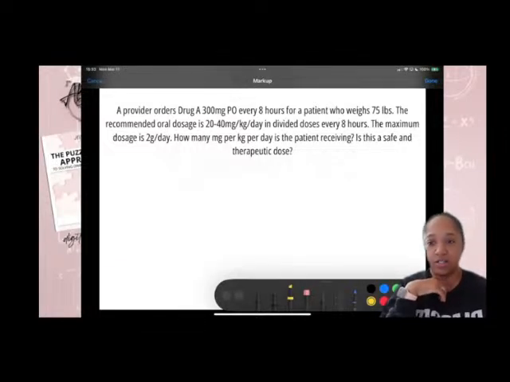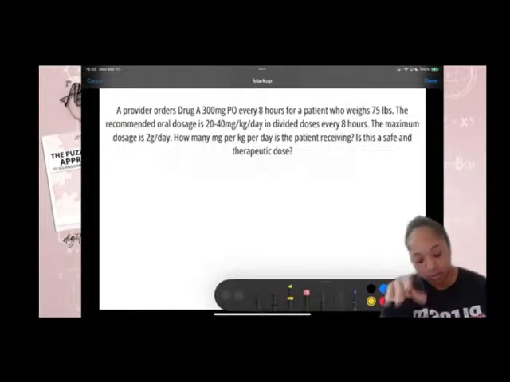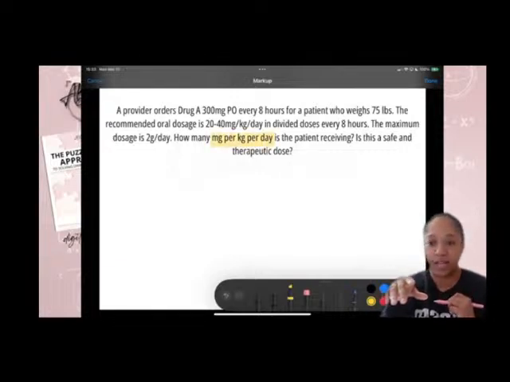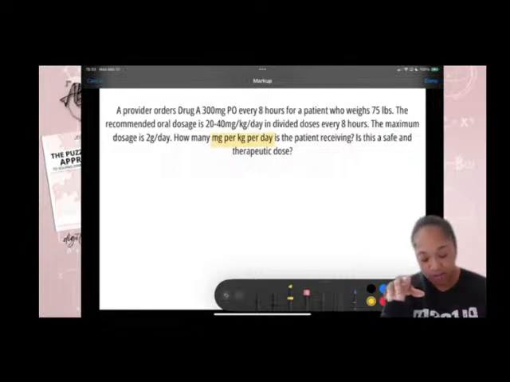Okay, so this one is a little different from your normal safe dose range problems. This one is asking us how many milligrams per kilogram per day the patient is receiving. So that's going to be our goal, and then we need to see, is it safe and therapeutic?